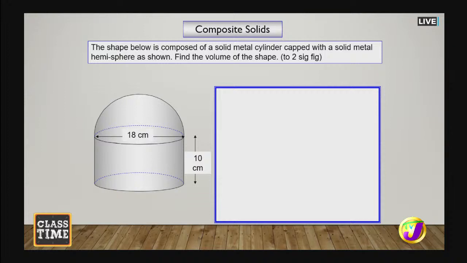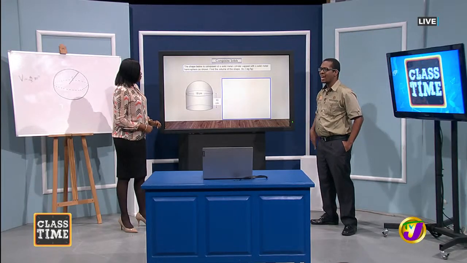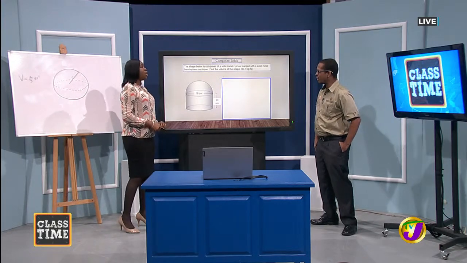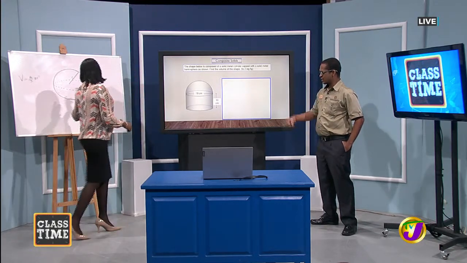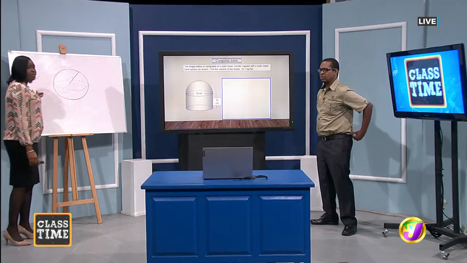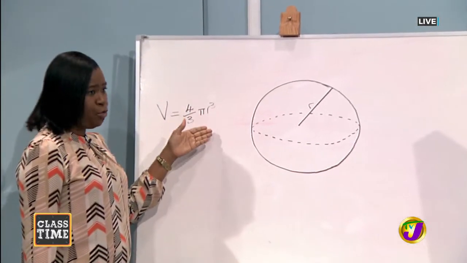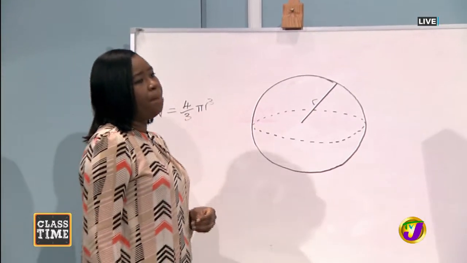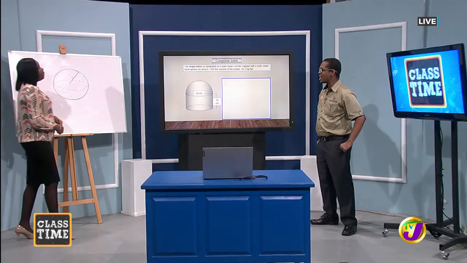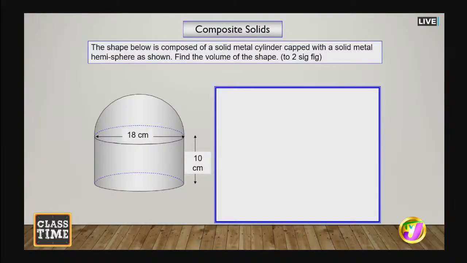Okay, Nikisha. We know the volume of a sphere, which as we had said before is 4/3 pi r cubed. But in this case, we don't have a sphere, we have a hemisphere. So how will that affect our formula?